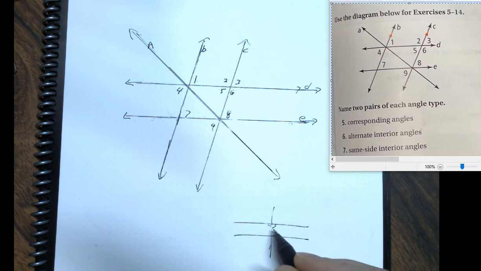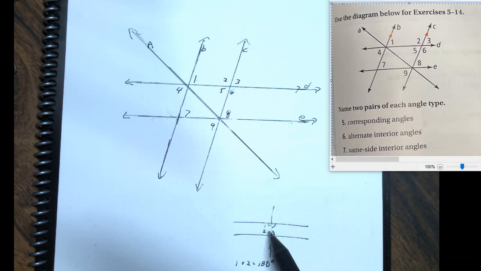So let's say as an example we have 1 and 2 parallel lines that are cut with our transversal. 1 and 2 would need to equal 180 degrees to be considered same side interior angles. Alright, so if we look at our diagram, let's try to identify those two specific ones.